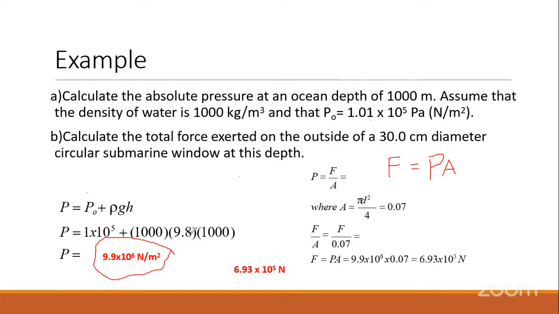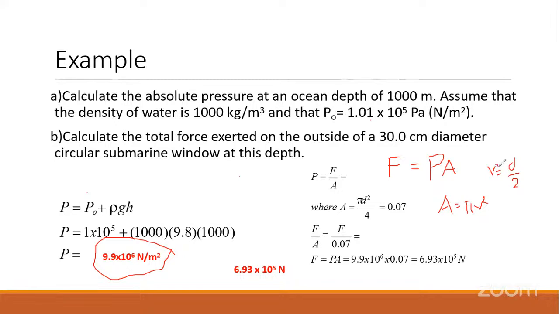However, we have a clue on how to get our area because the submarine window is circular and it's given that it has a diameter of 30 cm. Since it's circular, the area of a circle will be adopted, which is pi r squared. Now, r is equal to d over 2, where d is the diameter.